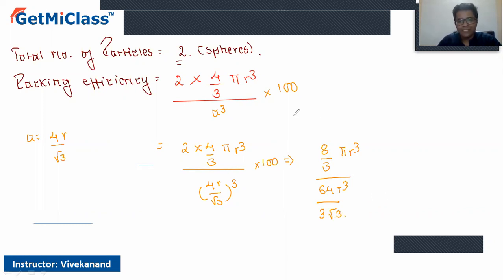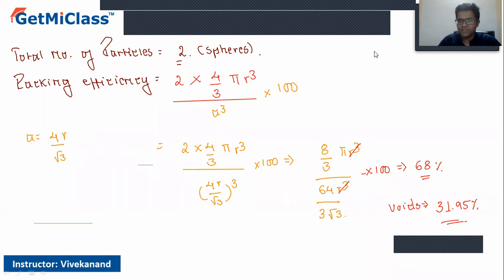Now the cubes are going to get cancelled, into 100. When we simplify this entire thing, we get the answer as 68.05%, while the voids are going to be 31.95%.